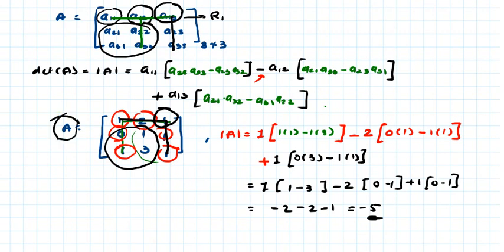So this is how we find the determinant of any matrix. It may be of order 2 by 2 or of order 3 by 3. Now we will see the types of matrices. In that, the first type is called the row matrix.